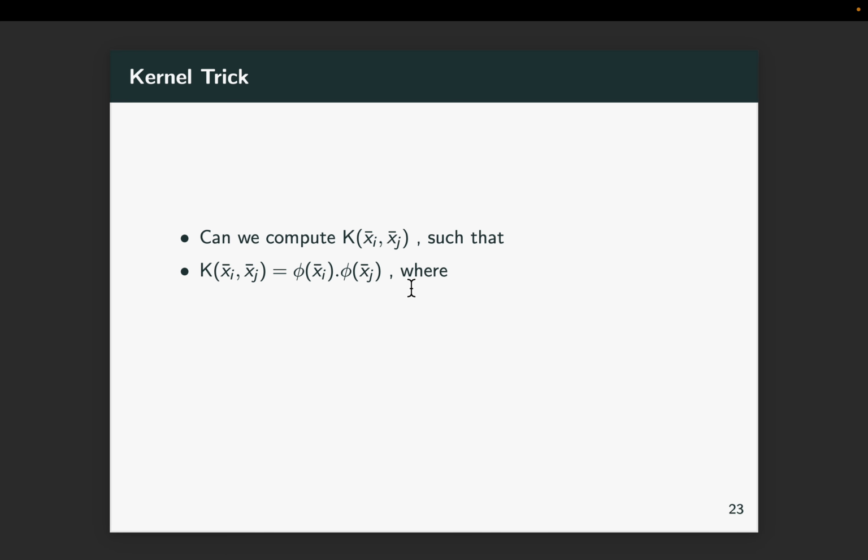So we're trying to compute a function k, typically the kernel function, which gives us the output of the dot product of the transformed or the projected vectors.